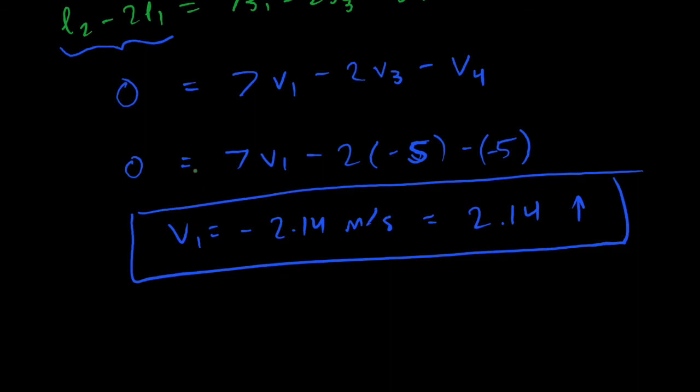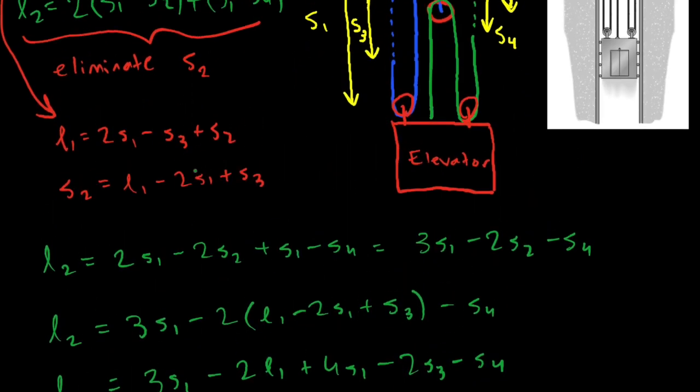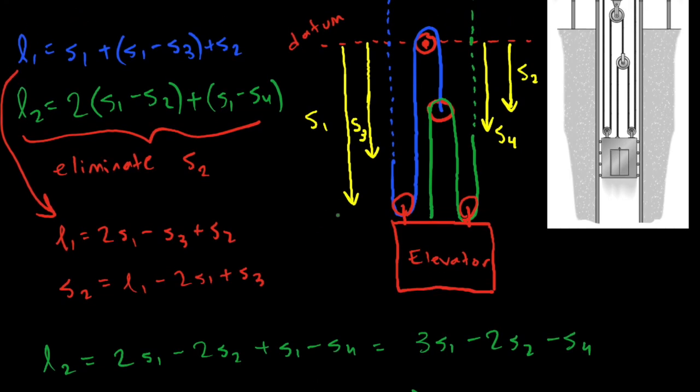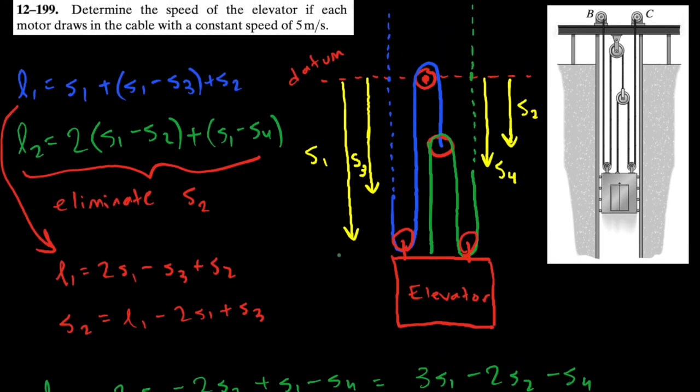So v1 is the speed of our elevator. We're able to calculate the speed of our elevator because we simply took the derivative of s1, which is a displacement that goes from the datum to the point where the elevator is located. And if we take the derivative of displacement, we get the velocity. And that concludes the question. Have a nice day.